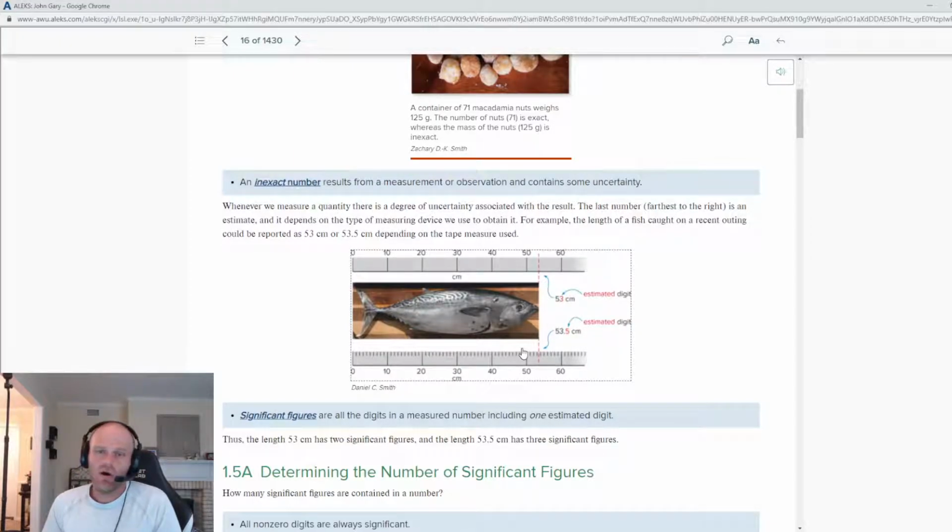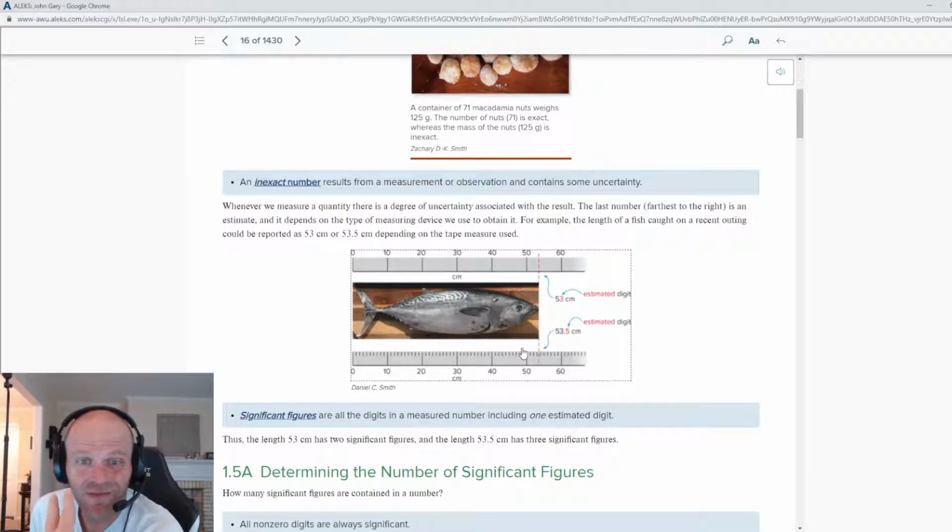So we'll do more stuff with measuring when we get into lab. For those of you in my lab, I'll do a lab introduction and I'll have a ruler and some materials that we're going to measure. So you'll see how the eye of the beholder, like the person taking the measurement, has a large impact on what number you get, right? If I look at something, I may say it's 53.0.